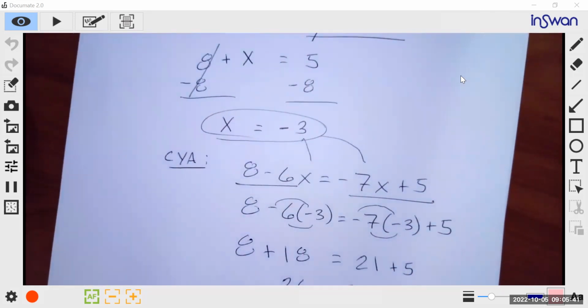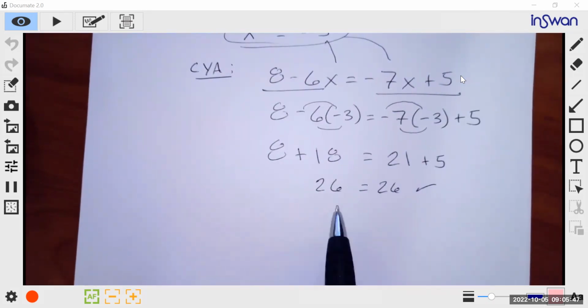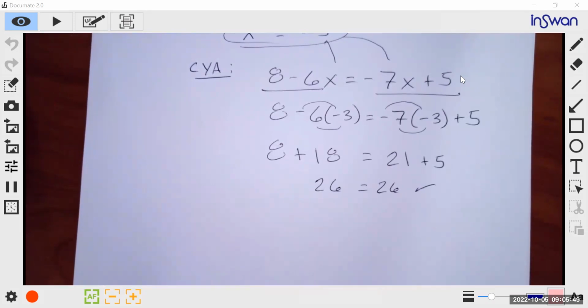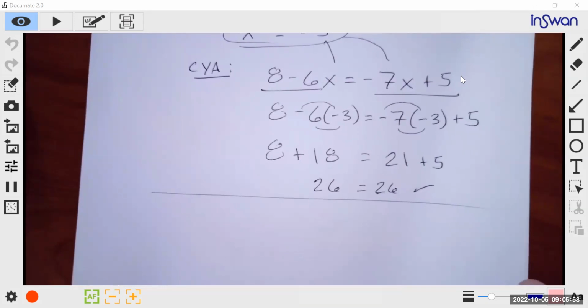So we plug in for x, and if both sides are equal, then they're what we call equivalent equations. That's the only way we can test to see if they're equal. That's why I tell my students, even before we had computerized tests: before you ever show the test to me, you should know whether the answer is right or wrong, because you tested it.